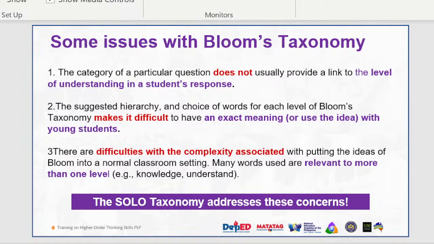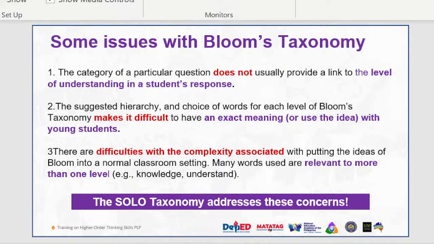The Bloom's taxonomy often offers no relationship between the level of a question that is asked and the level of a learner's response given. The teacher can have a synthesizing question, but the student could just answer what the thing is about, which is a remembering answer.